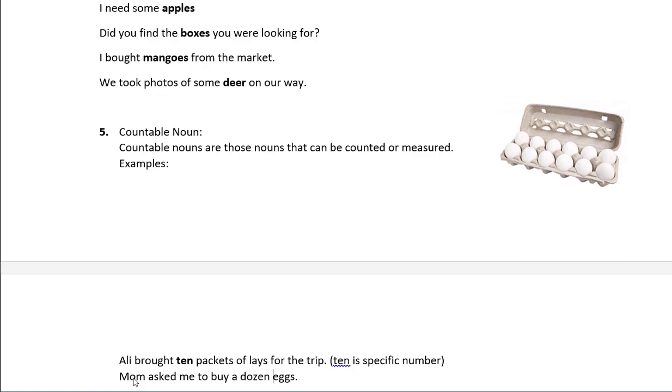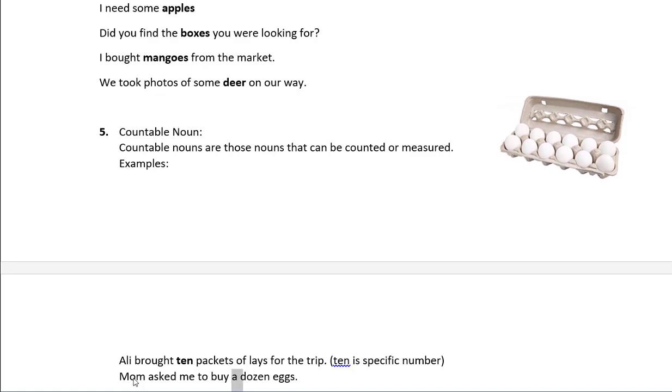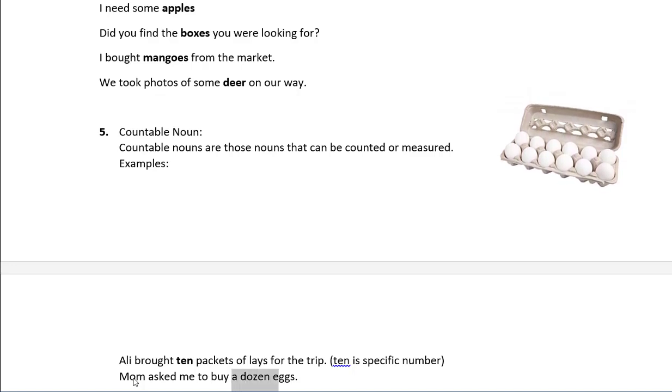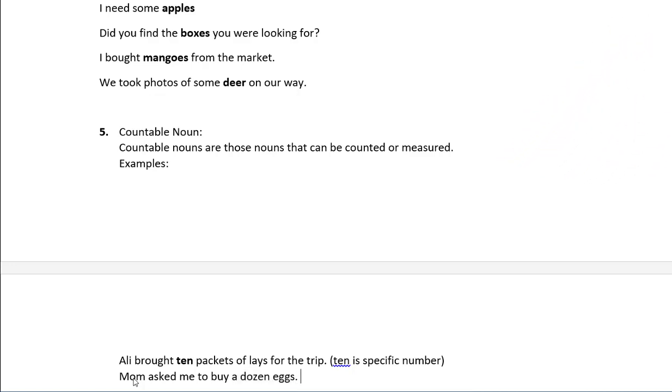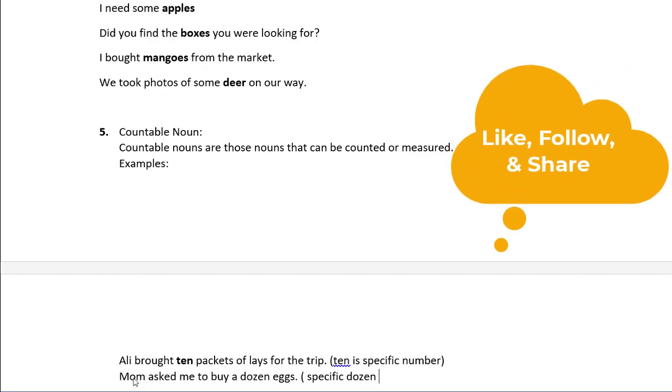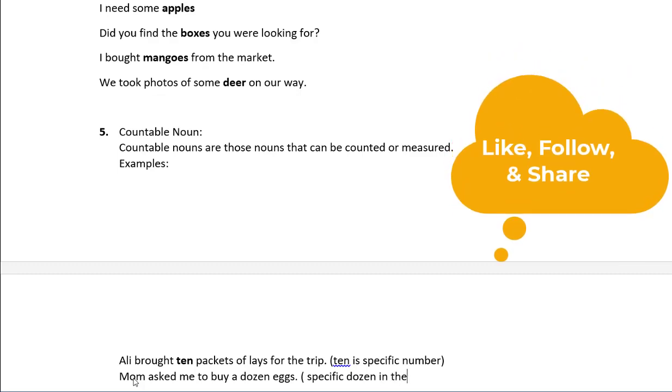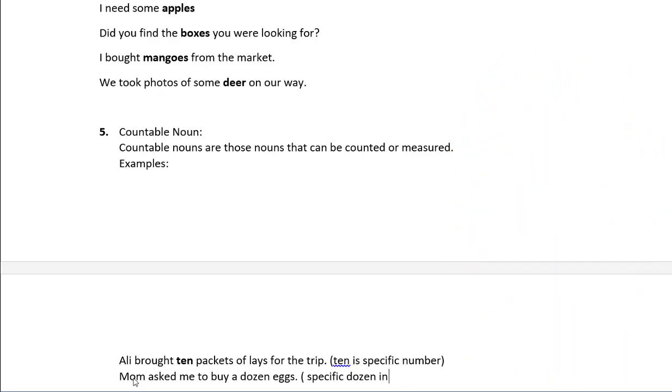So a dozen is specific, it means one dozen eggs, and it is measured as 12 eggs in one dozen. So a dozen means 12. This is another example of countable noun.